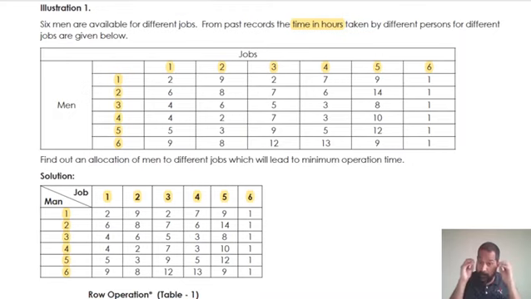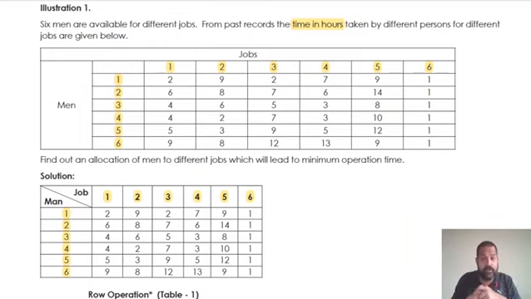Always remember, they might do this. At your level, they haven't done it, but I just want you to be prepared. Suppose for man 3, job 5, they will give you an entry of 8.